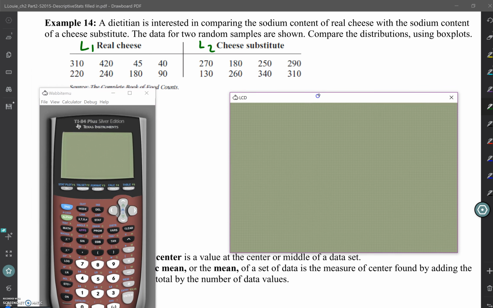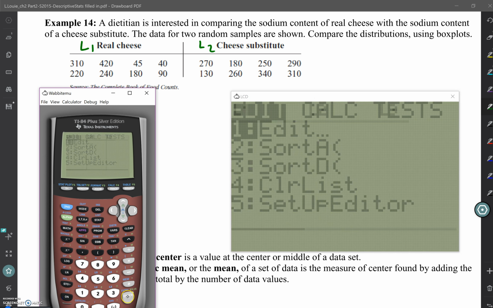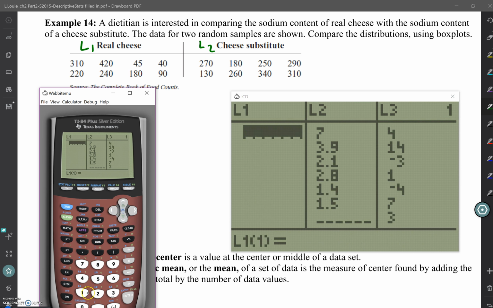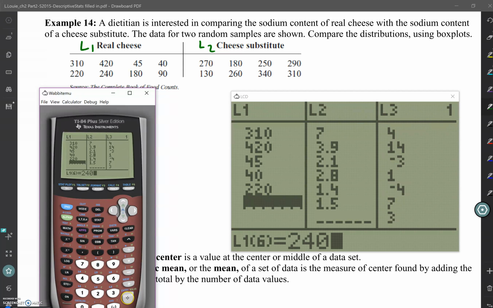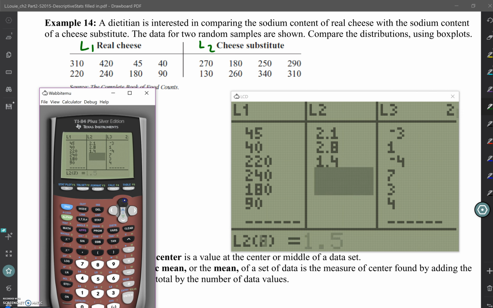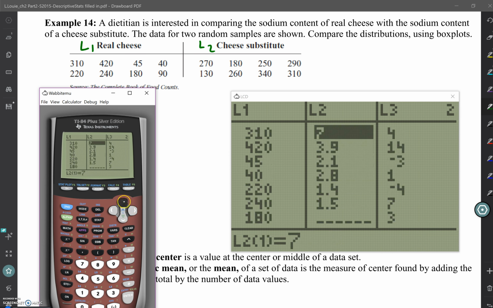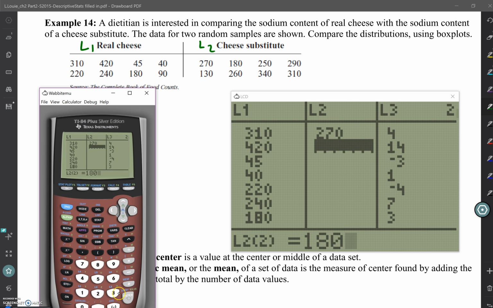So let's do that. 3, 110, 420, 45, 40, 20, 230, 180, 90, and 270, 180, 250, 290, 130.